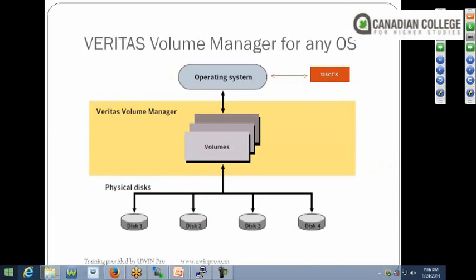So, multiple physical disks are used to form volumes, and volumes are accessed by the operating system, and users are accessing the data through the operating system. Is the operating system directly talking to the hard drive? No, the operating system is not directly talking to the hard drive. Veritas Volume Manager is talking to the hard drive, and the operating system is talking to Veritas Volume Manager.